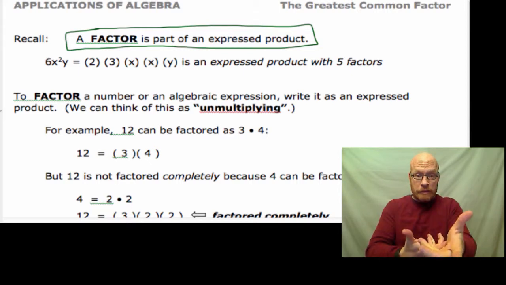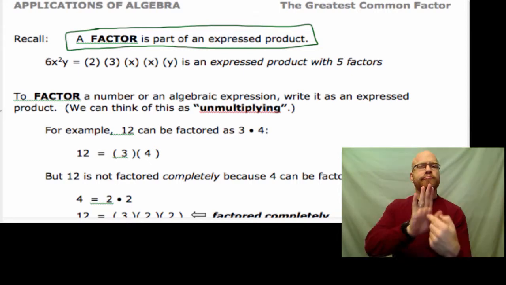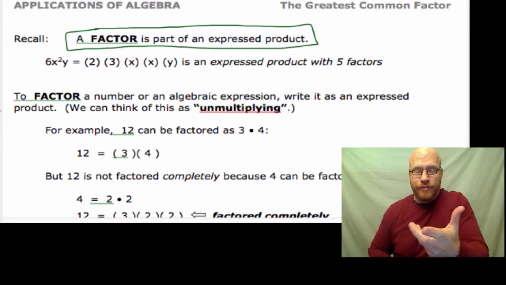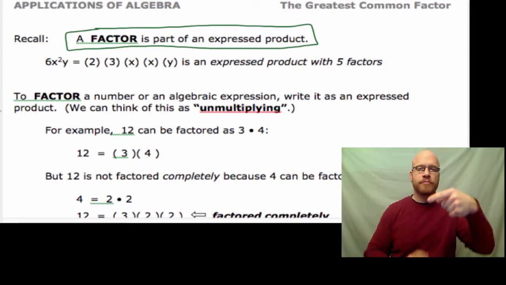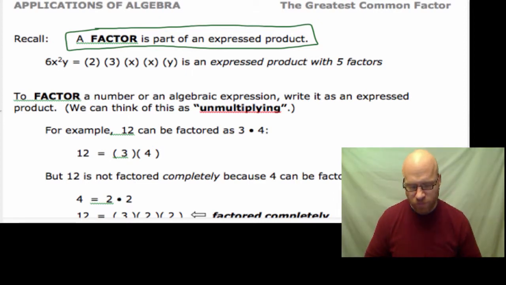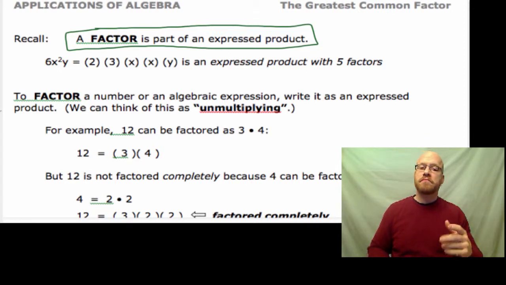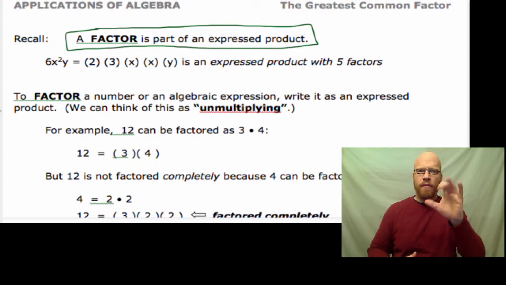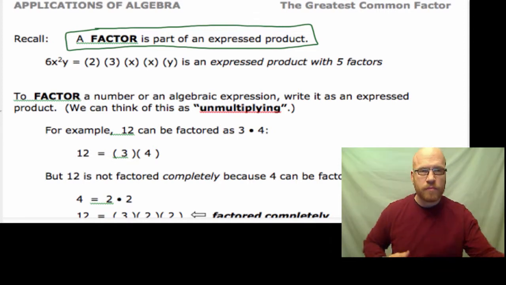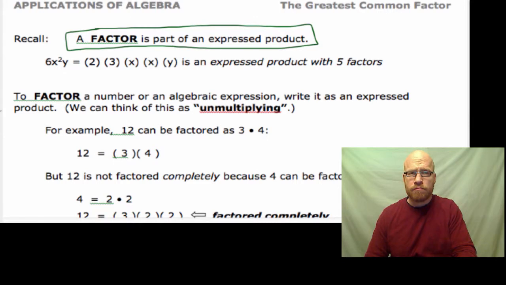A part of an expressed product to show something. Well, it's not expressive, but it's a product, a multiplication. What does it really mean? Now, if you look below this, we have a number 6x cubed y. We have several factors listed to the right of the equal sign.